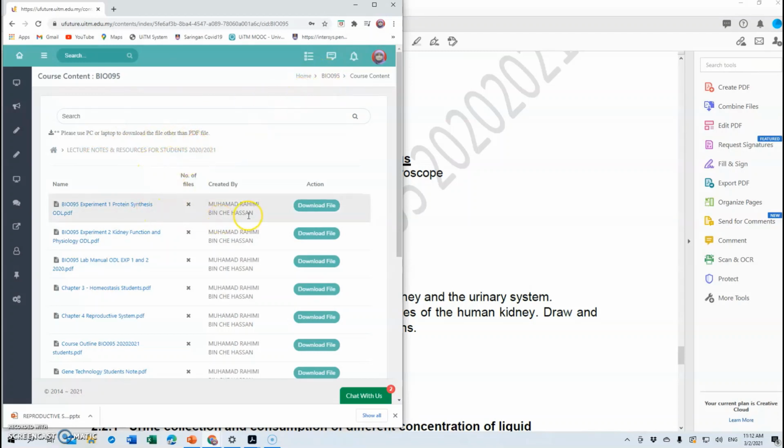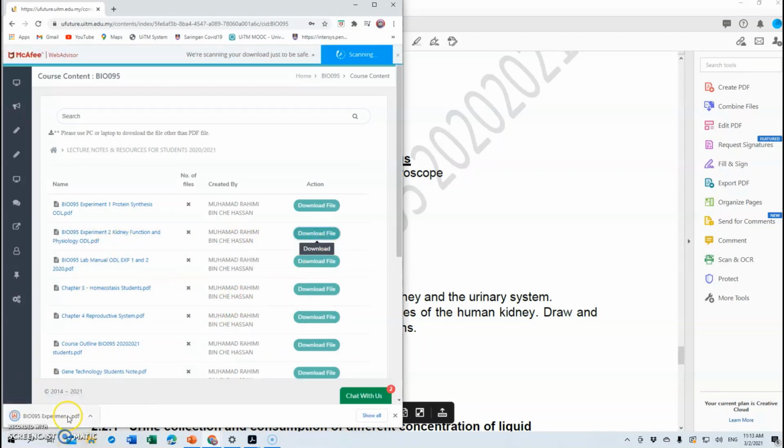Make sure when you enter the folder, you download this file, which is experiment 2, kidney function and physiology. So download, okay. In this file, you will have the images.